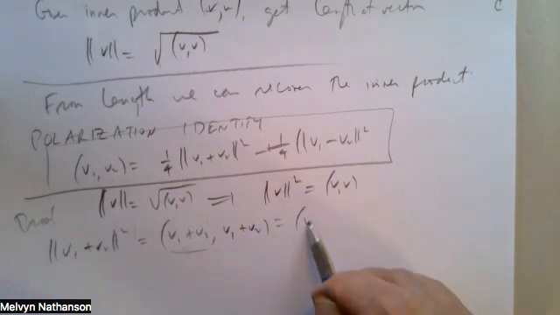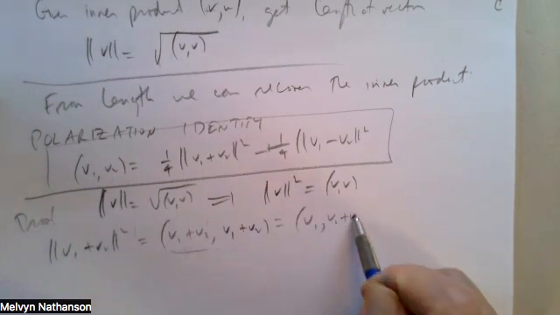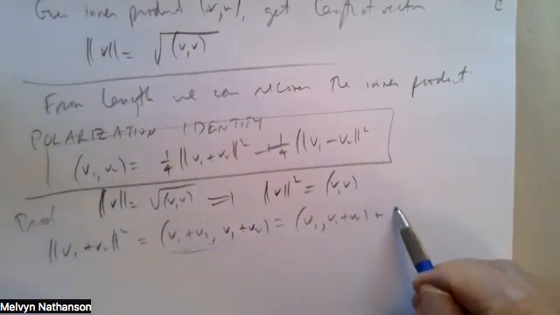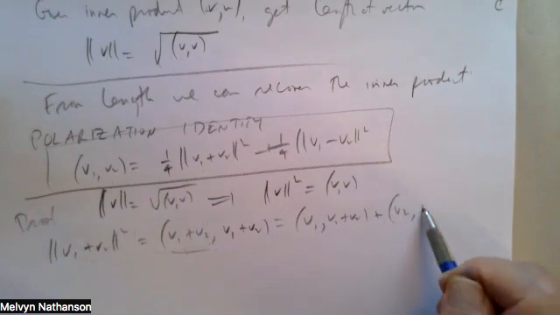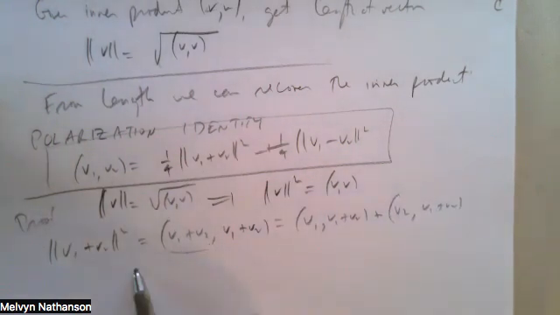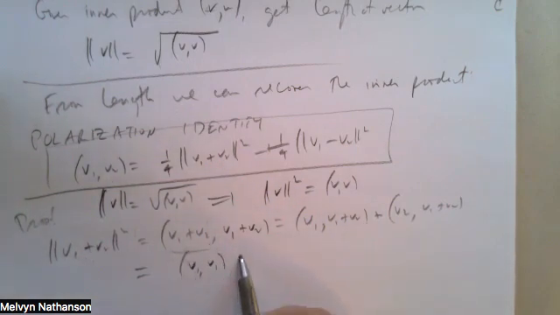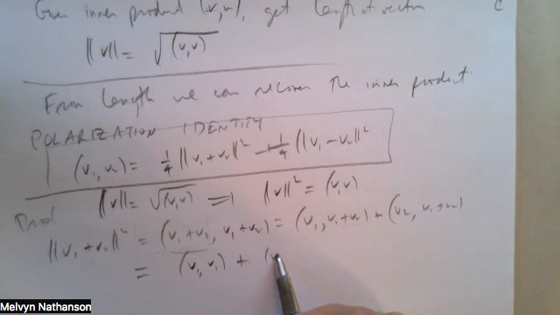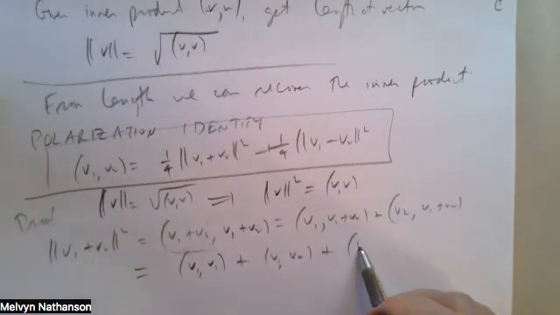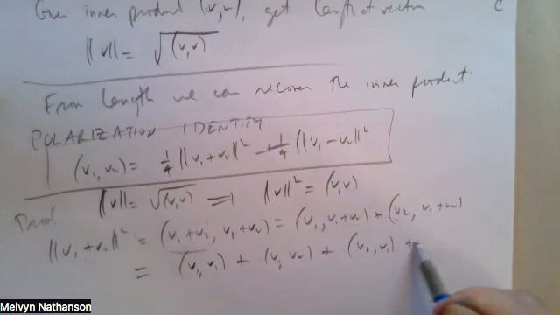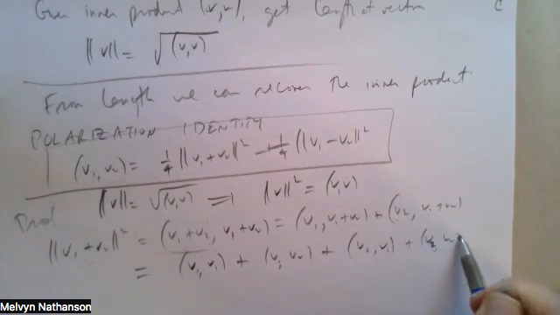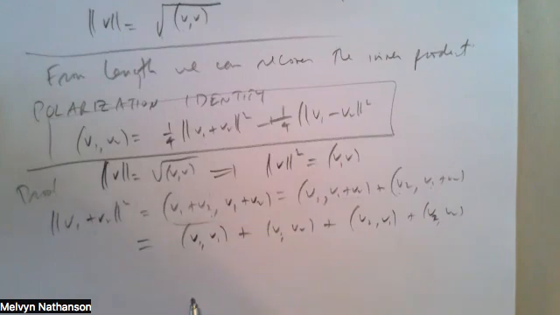This is the inner product of V1 with V1 plus V2, plus the inner product of V2 with V1 plus V2. And I can expand this: V1 V1 plus V1 V2 plus V2 V1 plus V2 V2.